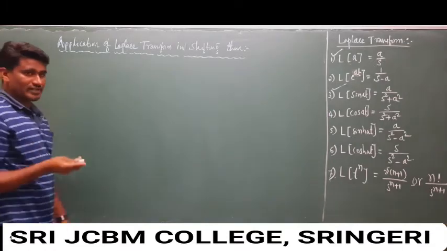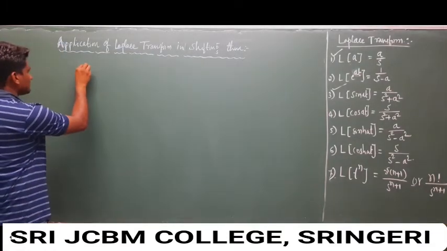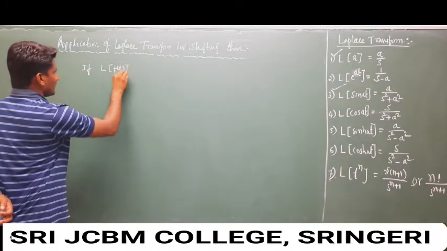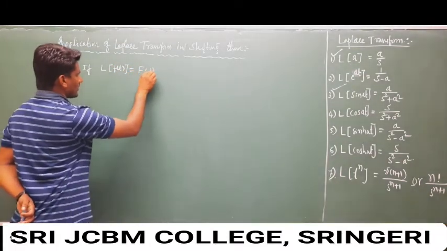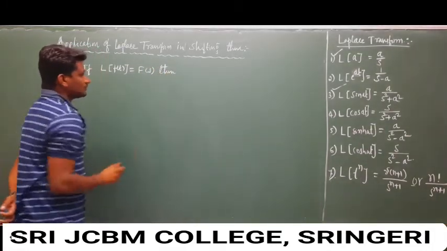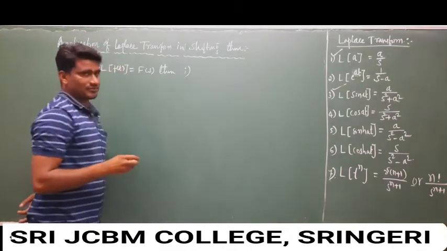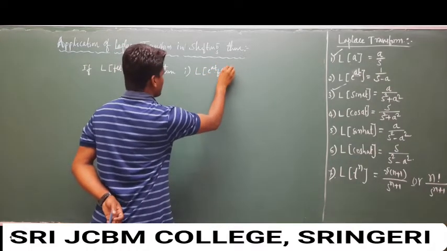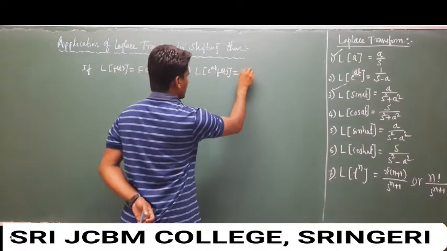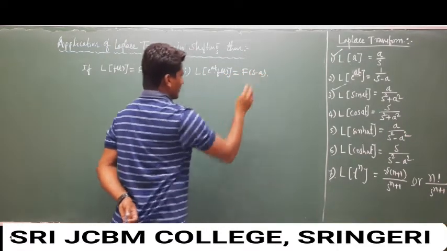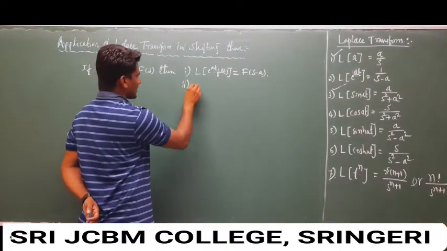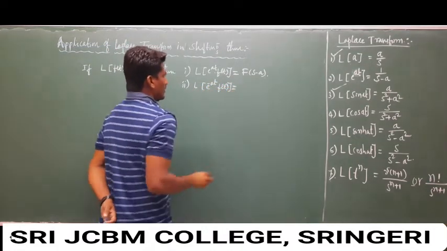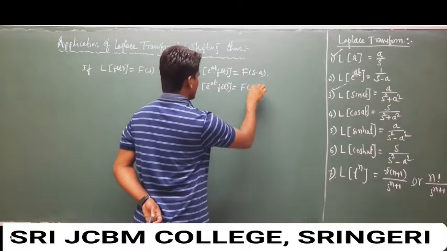There are two conditions in the first shifting theorem. If the Laplace transform of any function f of t is equal to F of s, then we are already familiar with the first shifting theorem: the Laplace transform of e to the power at f of t can be written as F of s minus a, and in the second case, e to the power minus at f of t gives F of s plus a.